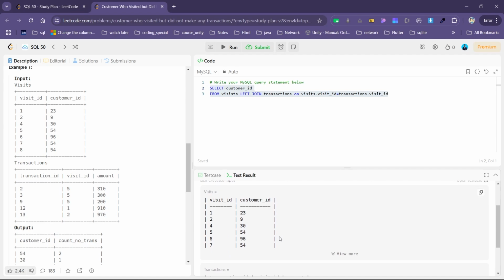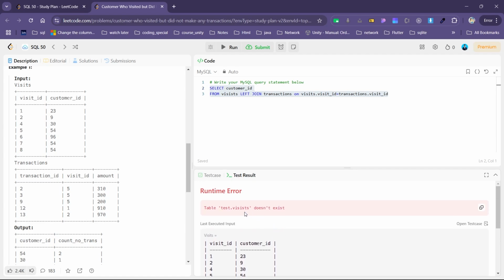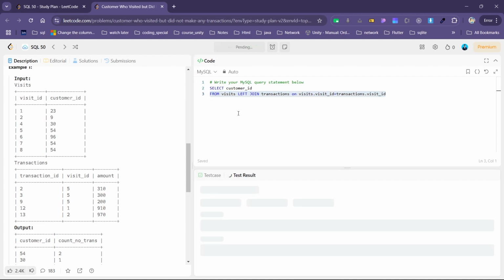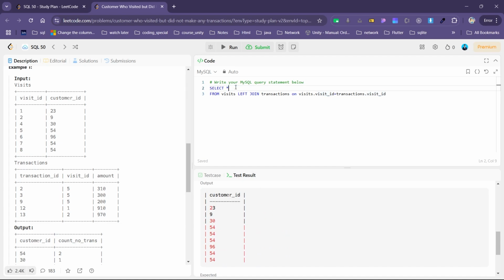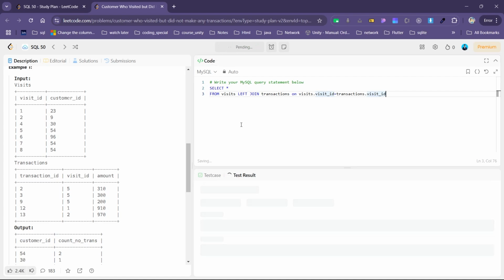So we got the customer IDs, and let's select everything so that you understand what the left join is doing here.